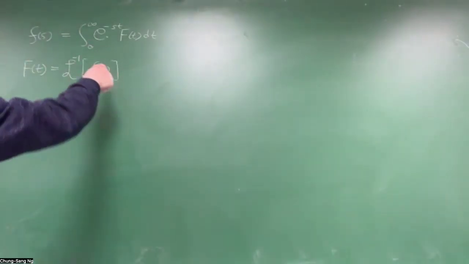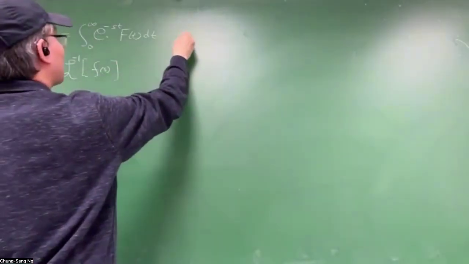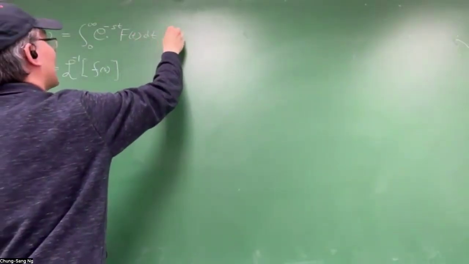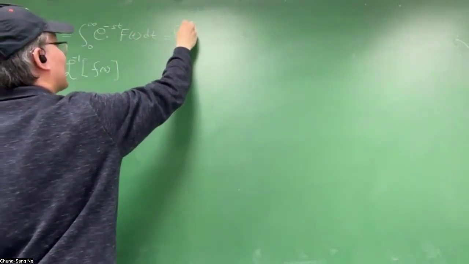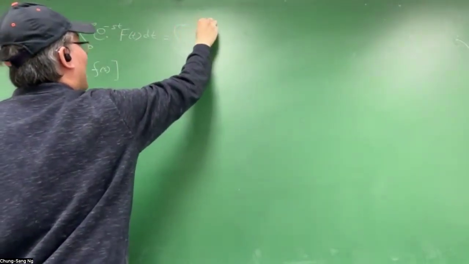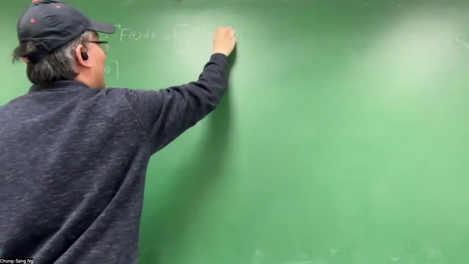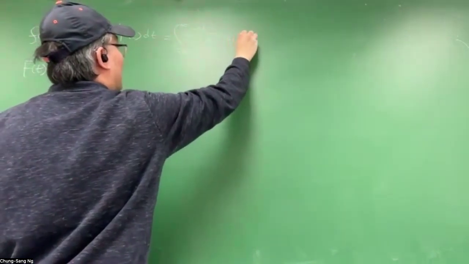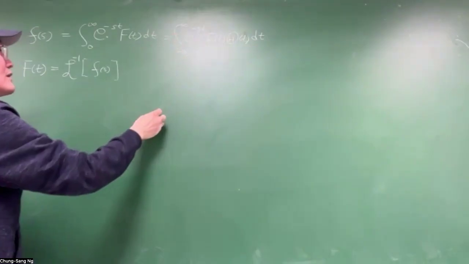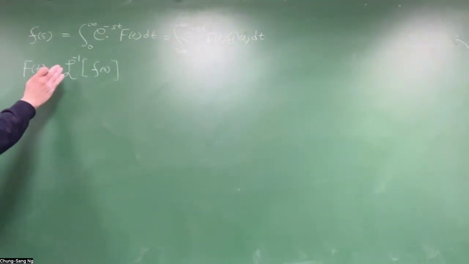So the first thing you can do is just extend the limit. Instead of integrating f, we integrate f multiplied by a step function, the one we talked about already. That gets rid of the first difference between the Laplace transform and the Fourier transform.